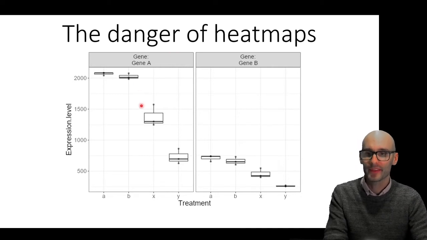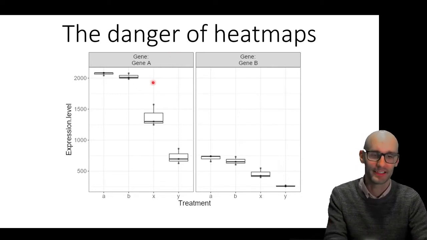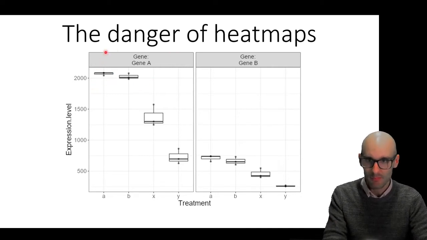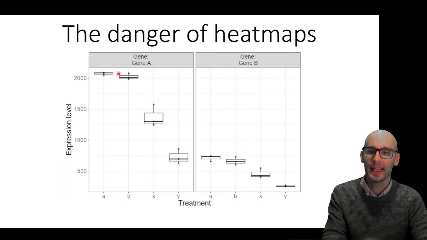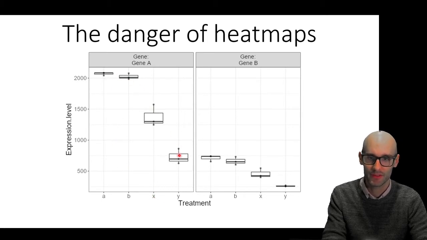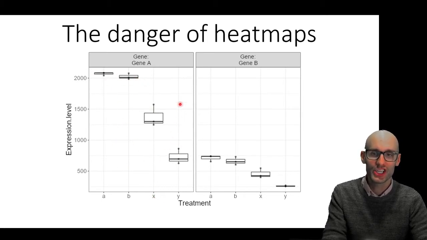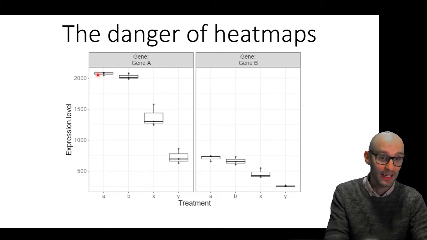So here, this is actual data from an RNA-seq experiment that I've done. But here we have gene A, and here's the expression level of gene A under different treatments, A, B, X, and Y. So A, B, X, Y, and we can see gene A is expressed at way higher levels than gene B, but there is approximately the same kind of effect going on where Y is way lower than A in the treatments, right?